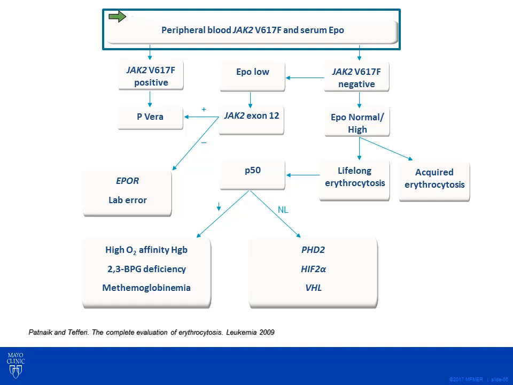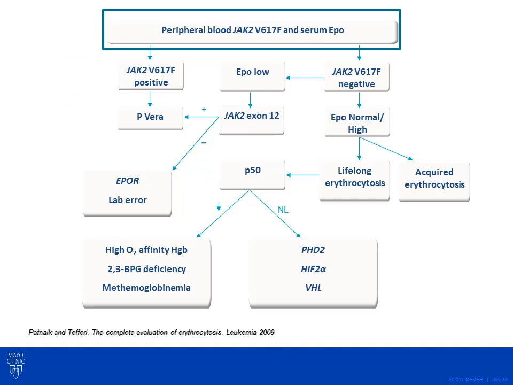Talking about the testing not fitting this algorithm, through Mayo Med Labs now, through our molecular heme lab, there's a reflex where you can order the JAK2 V617F and the exon 12 mutations together, so if it's V617F negative, it will automatically reflex to the exon 12. So you can see that doesn't really follow this flow chart.